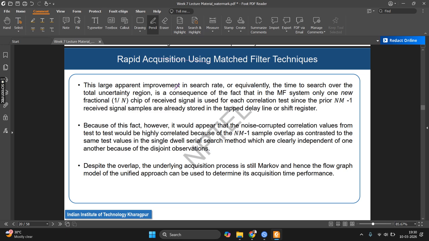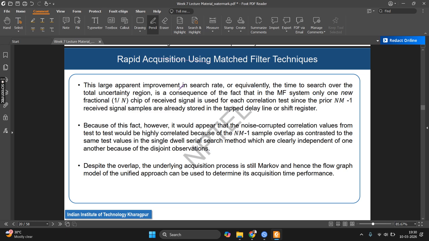But because of this fact, however, it would appear that the noise corrupted correlation values from test to test would be highly correlated because of the nm-1 sample overlap, as contrasted to the same test values in the single dwell serial search method. Because you are taking only one bit at a time, you have very little data to weed out the noise.